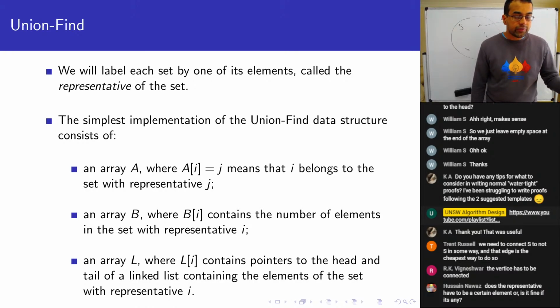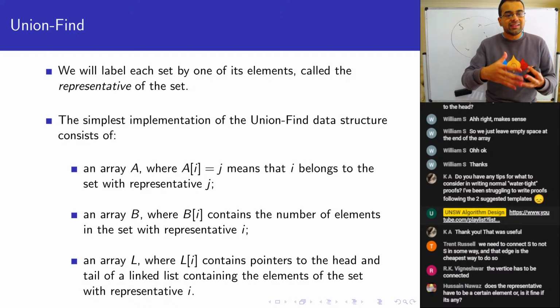Indeed, the important part of this is if I have two things in the same one of these disjoint sets, say X and Y both have the same captain, if they're both in the same set, they will both give me the same answer for the representative. All right? So further to Hussein's question, the representative doesn't have to be any particular element as long as everyone in that set answers the same as to what's your representative. Yeah?